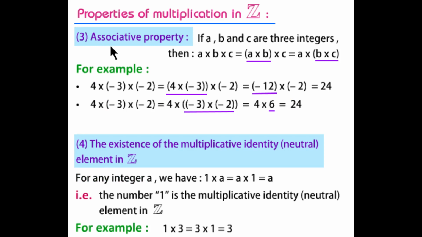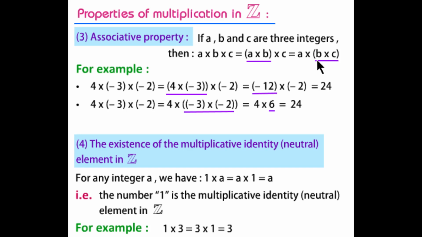3. Associative property. If A, B and C are three integers, then (A times B) times C equals A times (B times C).